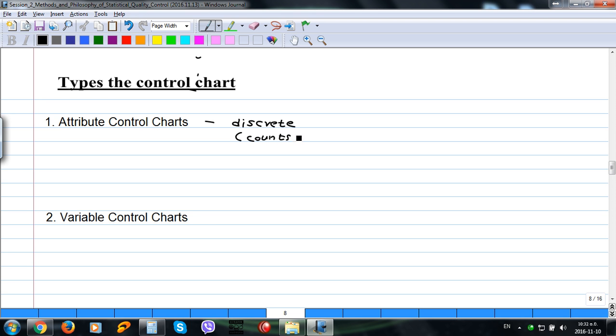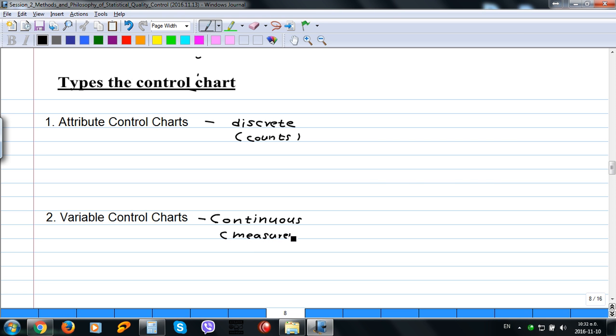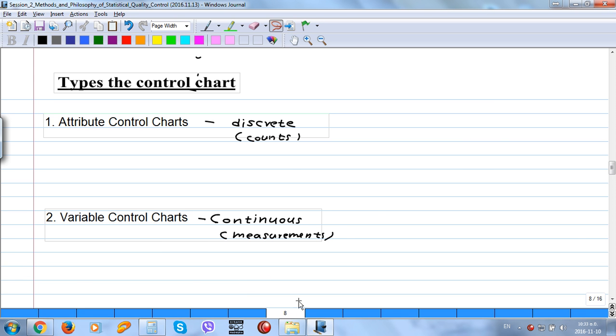And variable control charts we use for continuous data. Continuous data means the measurements. These two types we will talk about in the next two lessons. So we have to do calculations belonging to these control charts in chapters 3 and 4.